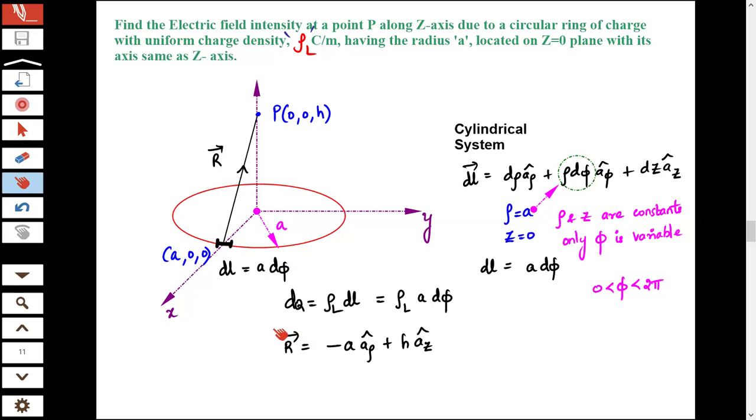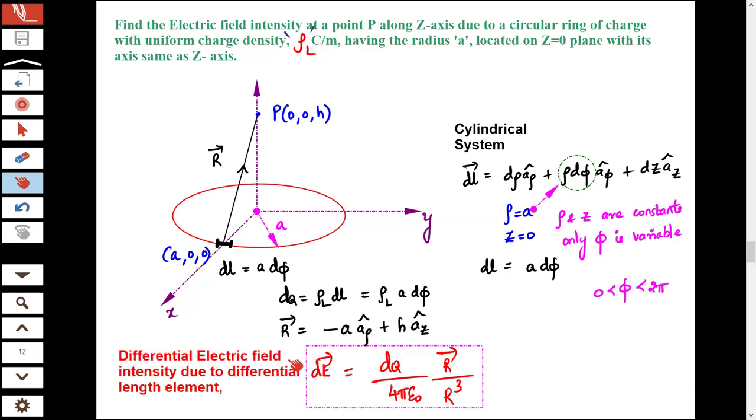And thereby we can compute magnitude of this r and substitute in the formula for electric field intensity from Coulomb's law. So the differential amount of electric field intensity due to the differential length element can be written in terms of differential charge dq and the displacement vector r divided by magnitude of r cube.